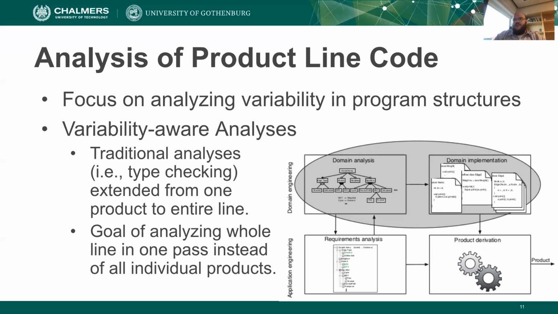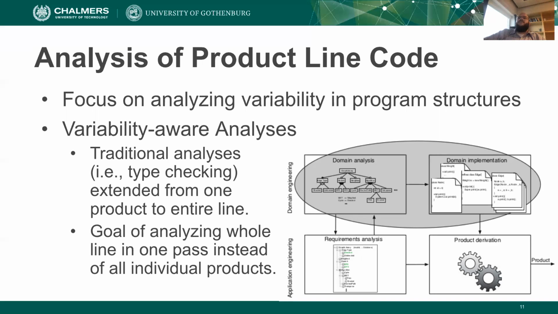So the idea of a variability-aware analysis is not necessarily to invent new kinds of analysis techniques, but to lift existing analysis techniques developed for individual programs to the entire product line, like to our reusable assets or domain artifacts.